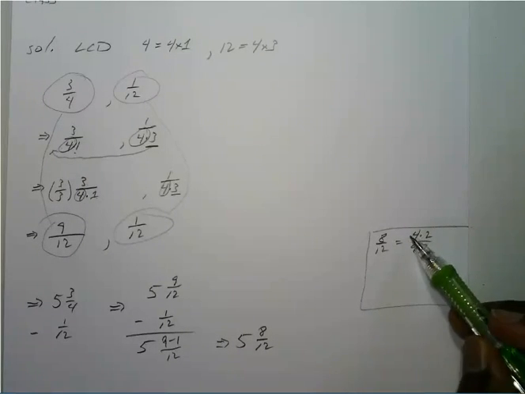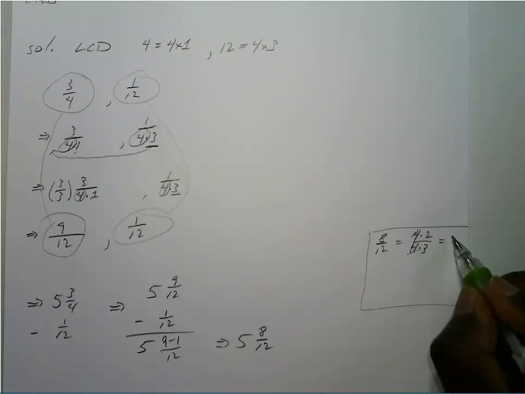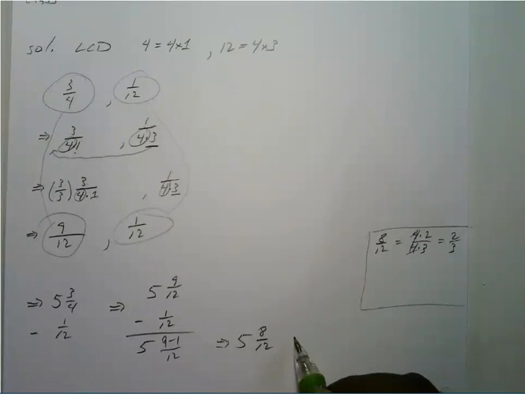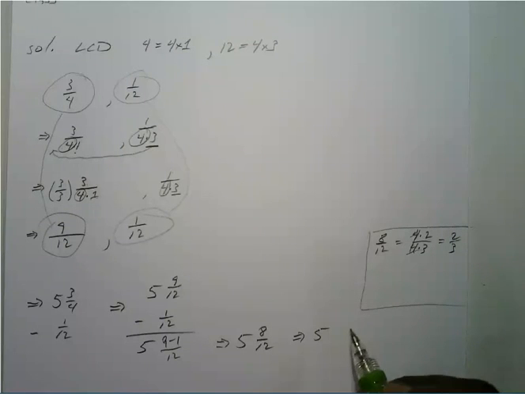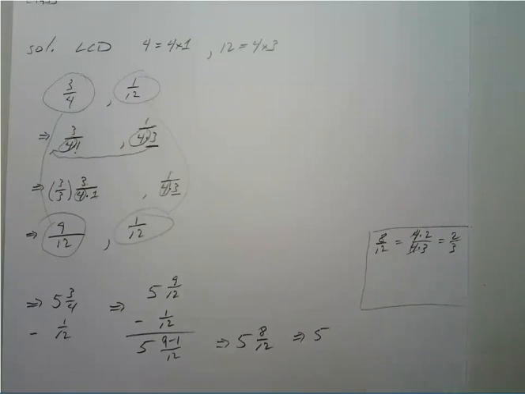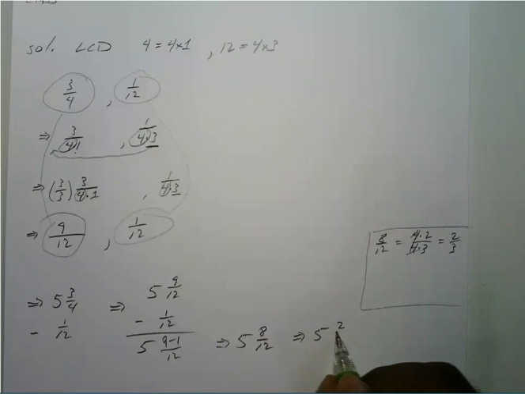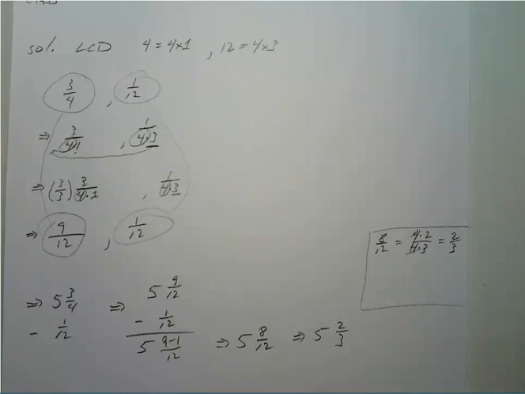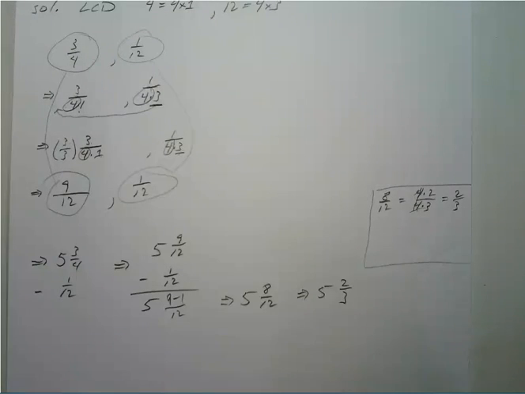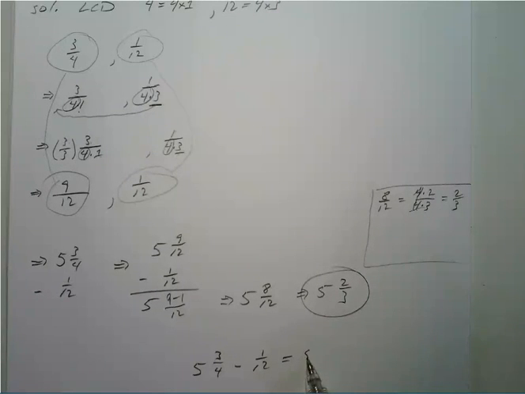So anything divided by itself is just 1, which just leaves 2 over 3. So it's 5 and 2/3. All right, so that means that 5 3/4 minus 1 over 12 is 5 2/3.